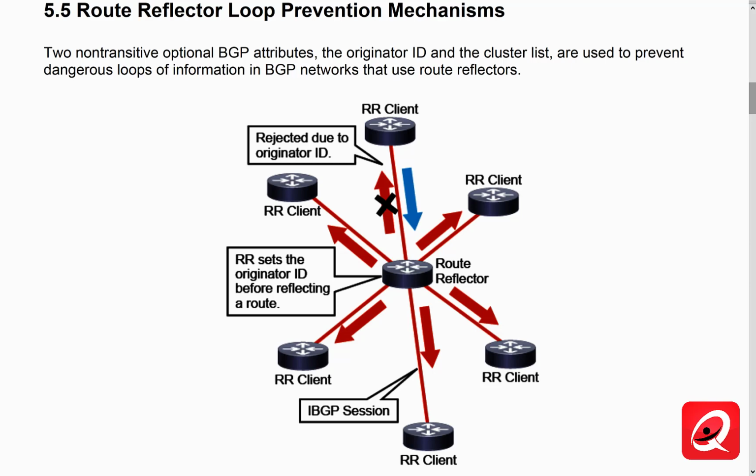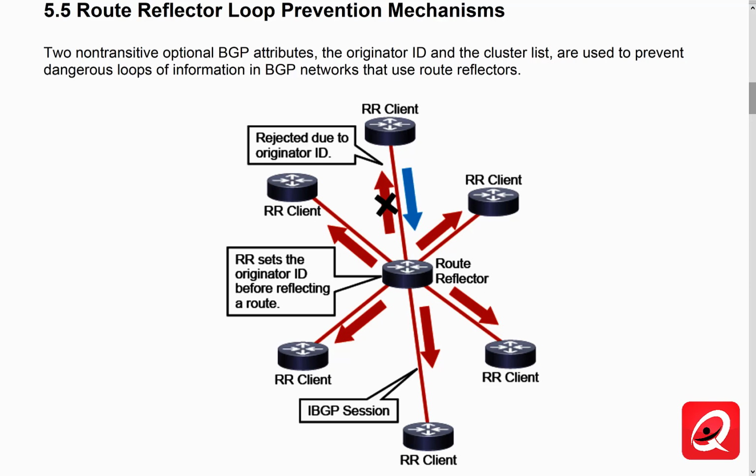The cluster list, which is a sequence of cluster ID values, basically the reflection path. A route with the originator ID set to the receiving router's ID would be discarded as a loop avoidance mechanism, obviously, we talked about that. Shorter cluster lists are always preferred.